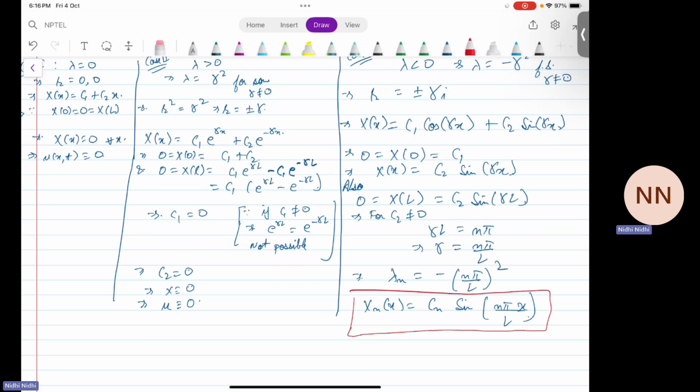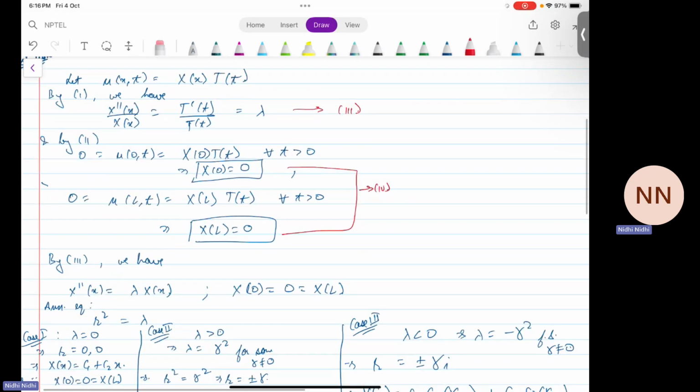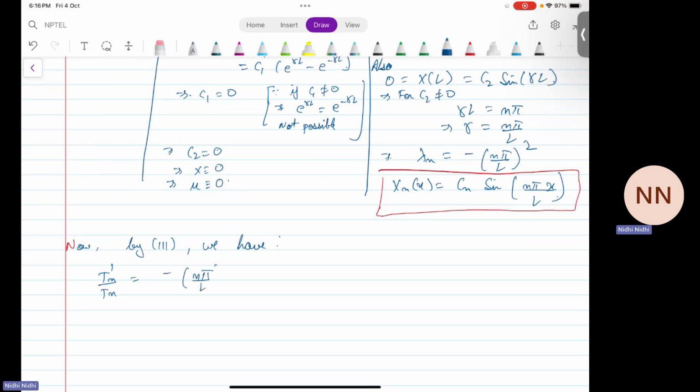Now by equation third, we know that Tn satisfies Tn dash equals to lambda times Tn. Now, by third, we have Tn dash by Tn is equal to lambda n. And what is lambda n? Minus n pi by L square.